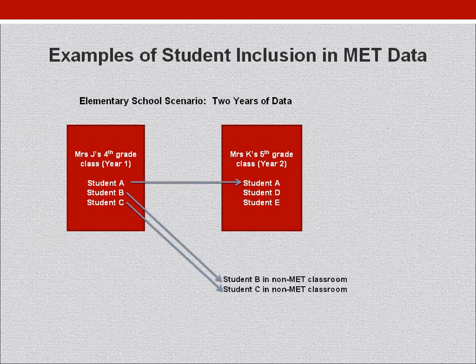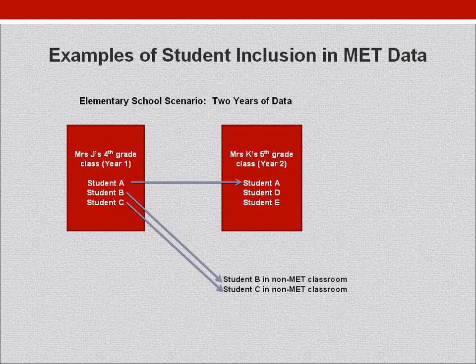So I presented this same figure at the last webinar, but I'll just talk about it quickly again, just so you get a naturalistic feel for how the MET student data work. Imagine that we're working inside an elementary school, and we have 2 years of data.